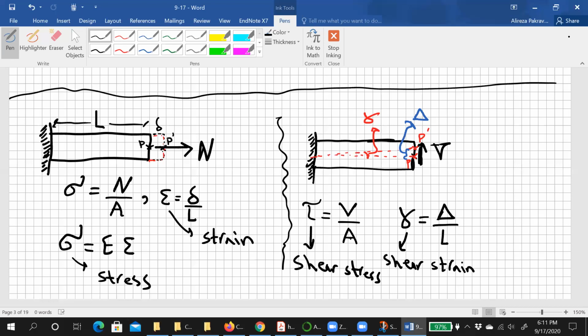Question. Gamma is, yes, gamma could be the angle, and this is L, right?